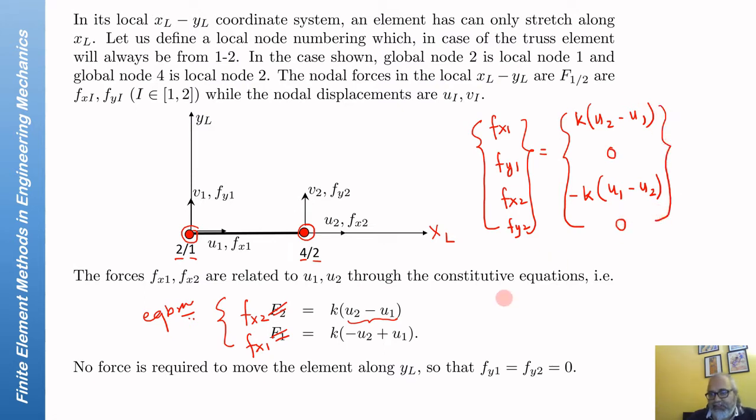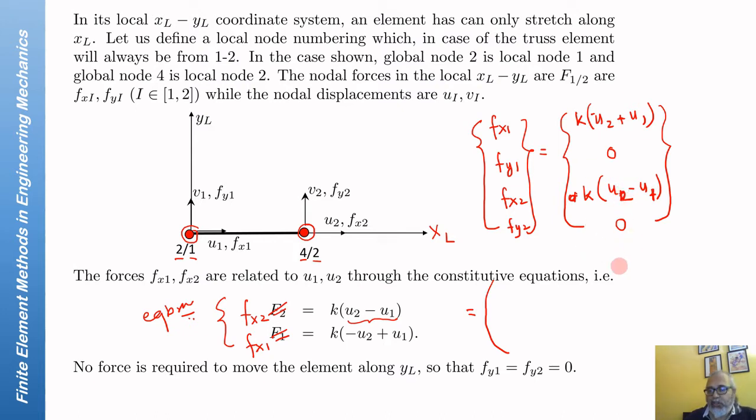Now I can write this as a 4 cross 4 matrix. Sorry, I have made a mistake. Fx1 is minus u2 plus u1, and Fx2 is plus u2 minus u1.